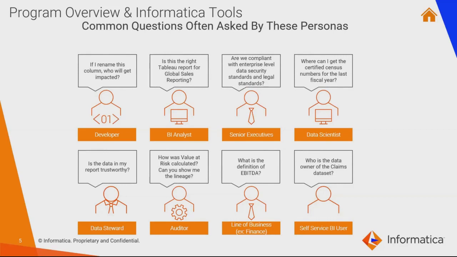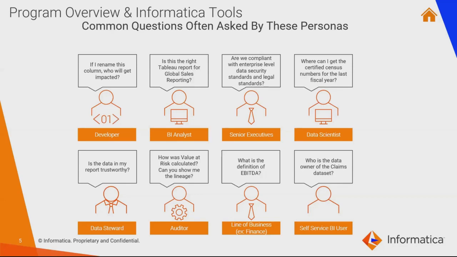Who will get impacted by it if I have a chain of 3-4 systems feeding into a dashboard? If I change one thing, what's the impact? That's what a developer wants to know, and something they can find out from Axon, EDC, etc. The BI analyst may want to know, is this the right report for looking at global sales? Does it trace back to the right data elements to feed that report?